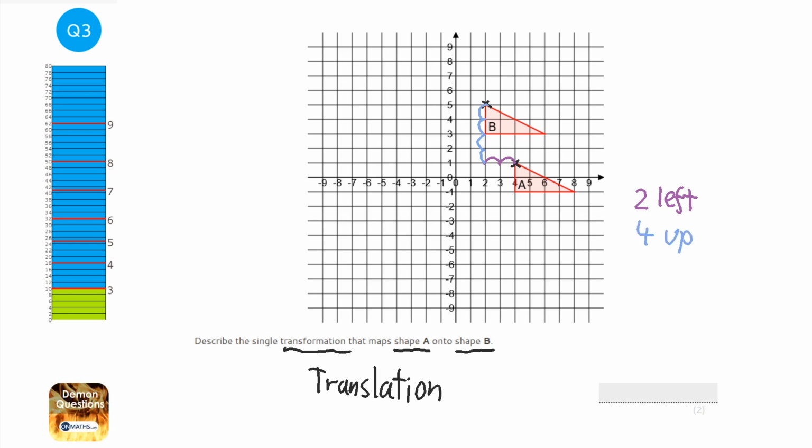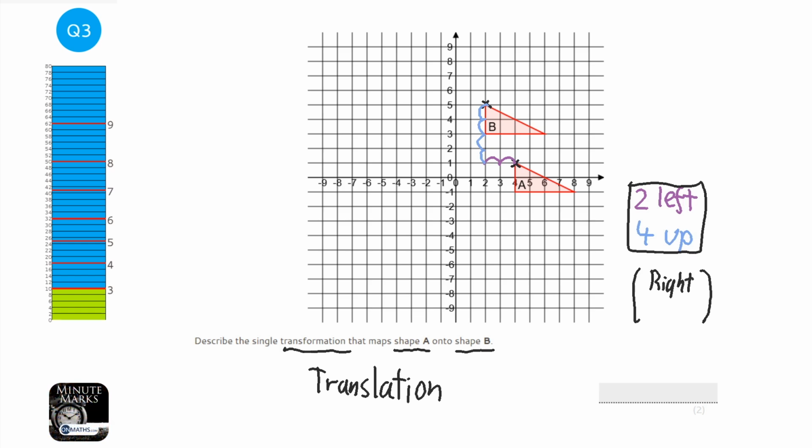Now the way of showing translations is by using vectors, and it sounds fancy, but it's just putting this information between a bracket. The number at the top of the bracket is how far right it's gone, and the number at the bottom is how far up it's gone. Well, let's do the number at the bottom first.